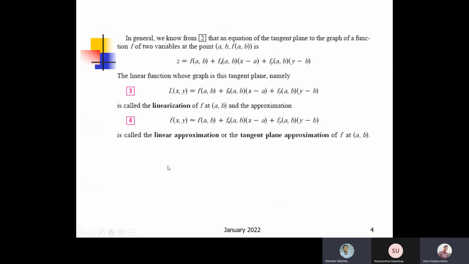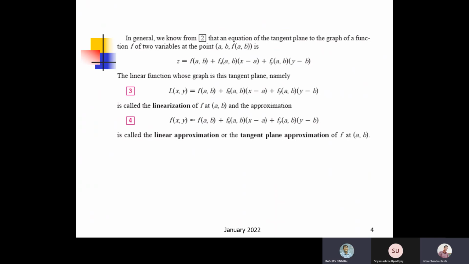Fine. So you may be thinking, what is the need for this? Basically, we are getting a very simple function, L(x, y). Although the example I have taken, f(x, y) = 2x squared plus y squared, was not very complicated or cumbersome to work out, sometimes you may have a very cumbersome function.